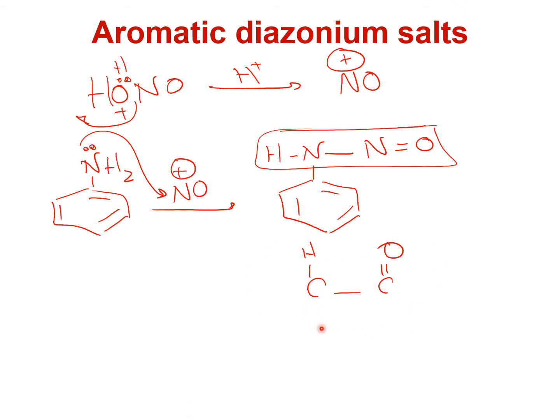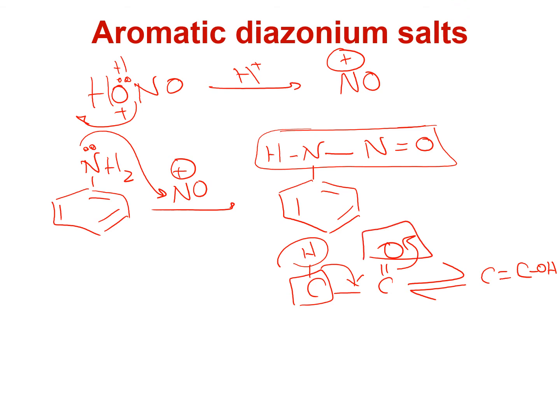This is the keto form that you can actually perform tautomerism on to give the enol form. If you remember, a hydrogen is transferred from atom number 1 to atom number 3, 1, 2, 3, and the double bond moves. They are interconverted to each other.